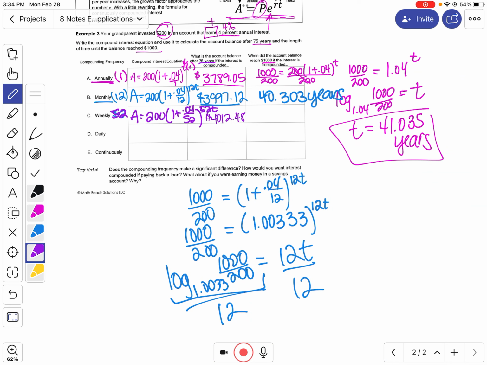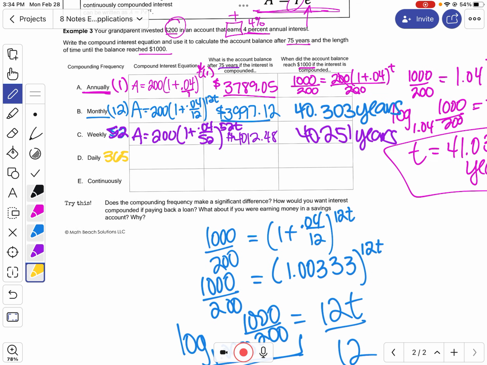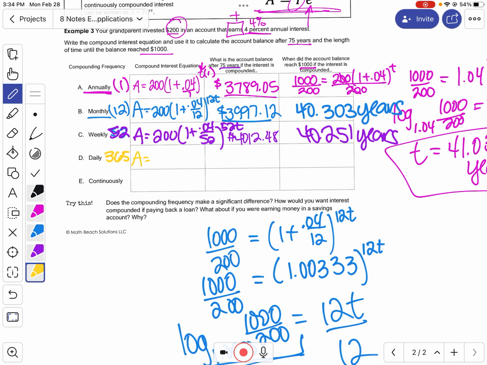Okay, so this one, you would do the same thing. You should end up with 40.251 years. Okay, so if it says daily, go ahead and put 365 days in a year. So you would have the equation with 365t.